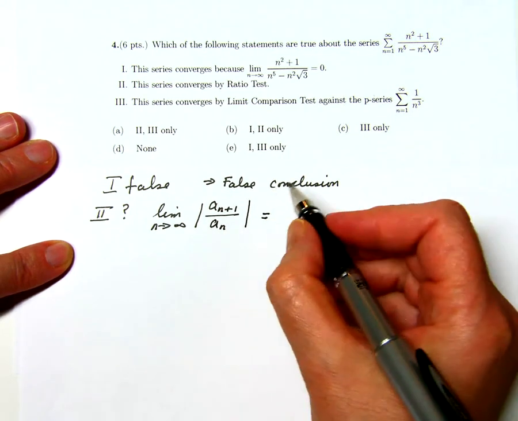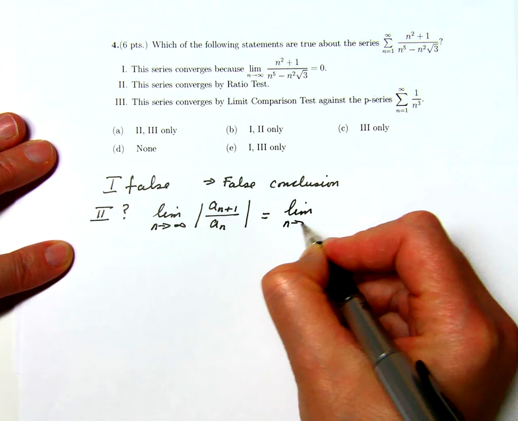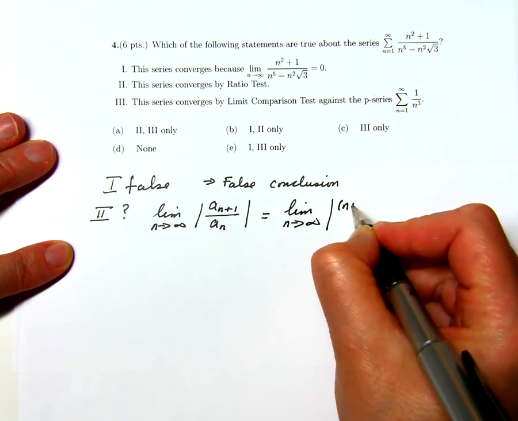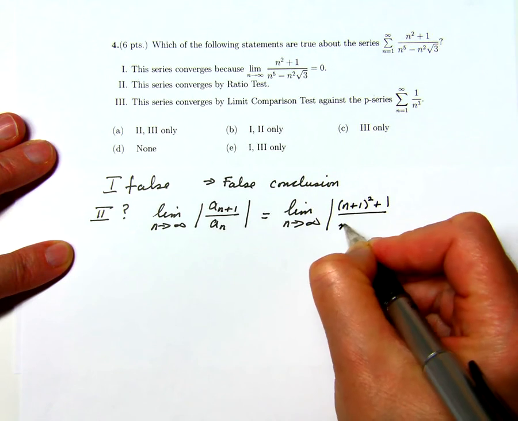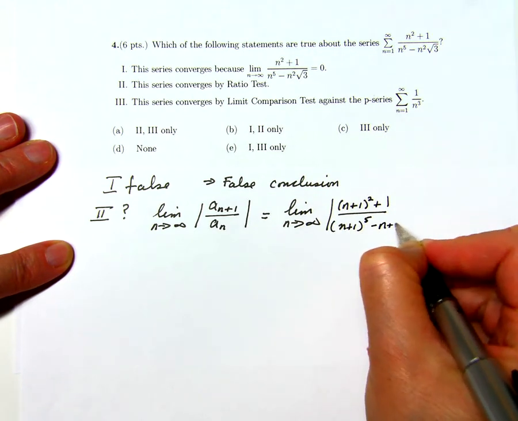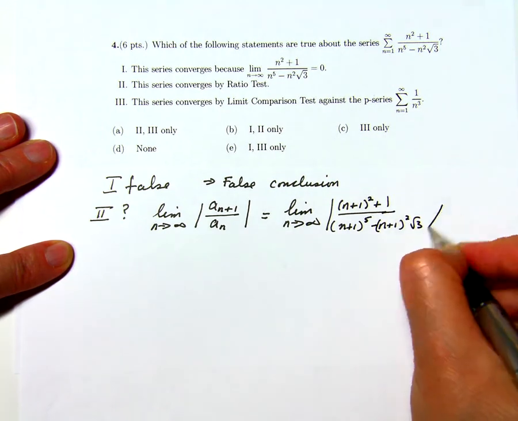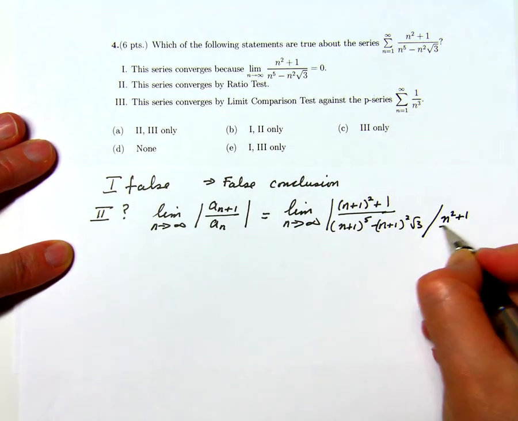In this case, to get an plus 1, as in all cases, I replace every n in the formula by an n plus 1. And that's an plus 1, and then I divide by an.